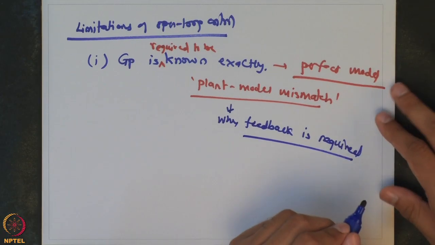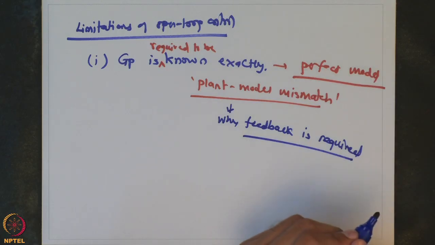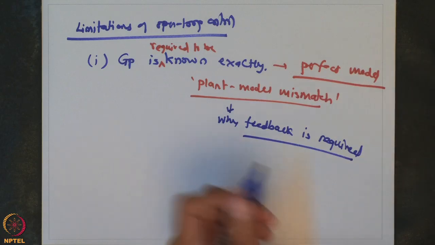So, when we talked about feedback control and its robustness, the main reason comes from the fact that unless you have a feedback from a system, you do not know whether you are taking a correct action or not. So, open loop control, because of lack of feedback, would never be able to counter plant model mismatch.